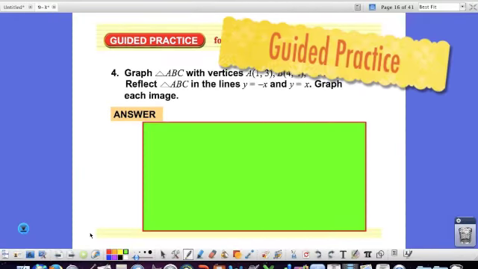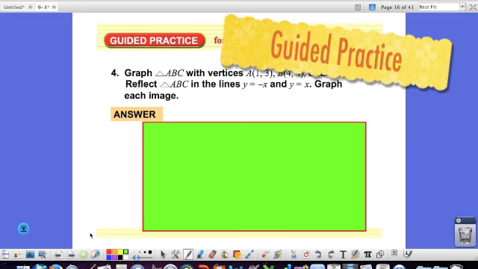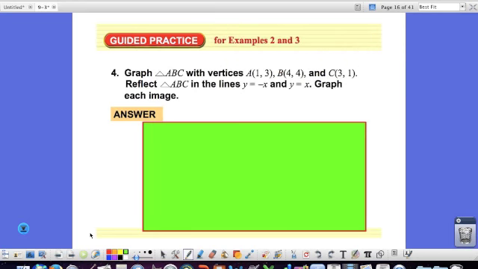Graph ABC with vertices of (1, 3), (4, 4), and (3, 1). They want us to reflect it over y equals negative x and y equals x. So first thing we have to do is remember our rules here.